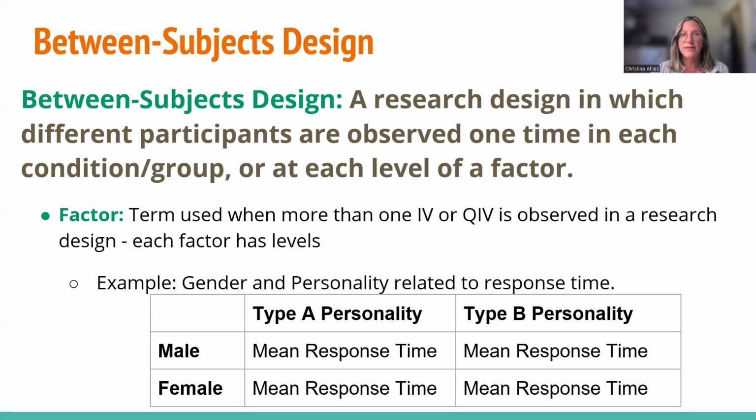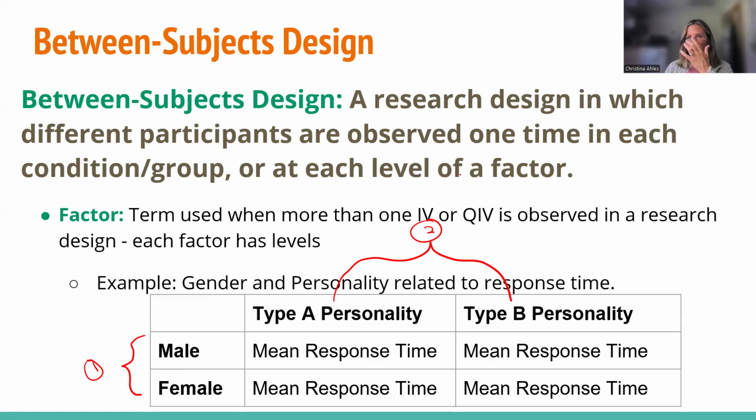For example, in this example we're looking at gender as the first variable, and on the other variable, we're looking at personality, the second variable. Instead of saying there are two independent variables, or two quasi-independent variables, we often just say there are two factors.